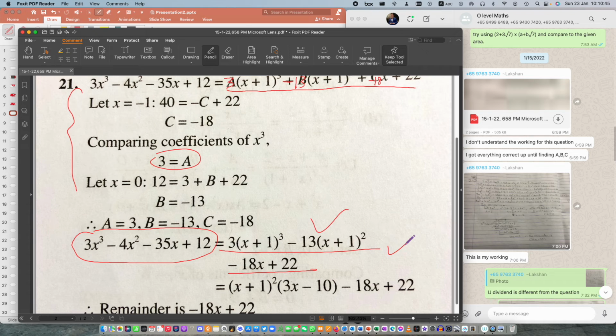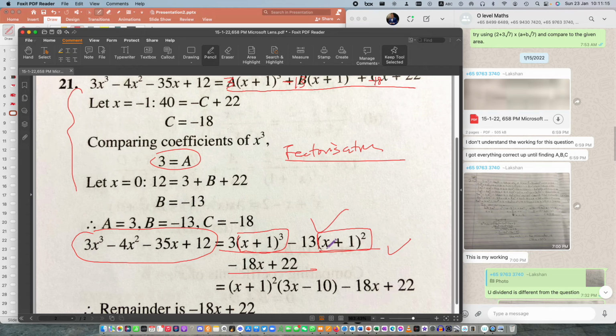So when you have this, they say hence means you need to make use of here. You cannot use any other method. So what do you see here that you can proceed? Factorization. Can you see that you have this to the power of 3, this to the power of 2?